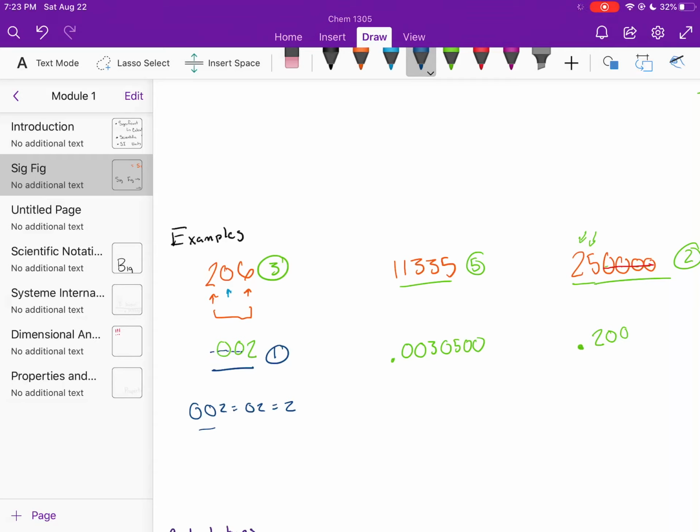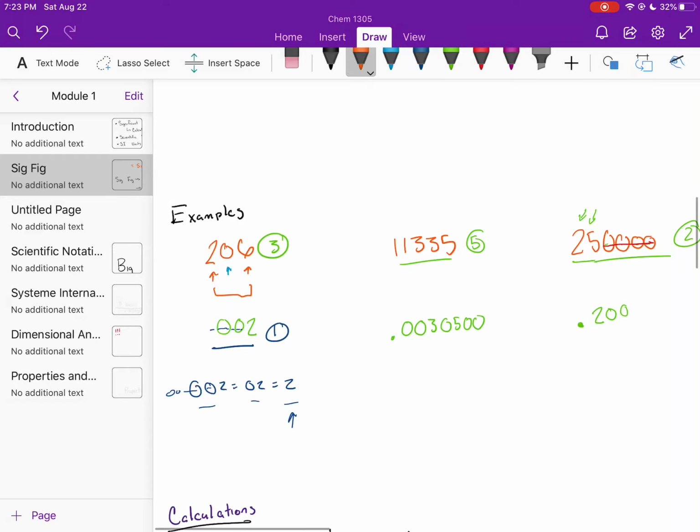All these numbers mean the exact same thing, because there's only one significant figure, and the zeros right here, you can add as many as you want. It's not going to change the number. And that really is the idea of significant figures: no matter how many zeros we add before a number, they just don't matter.